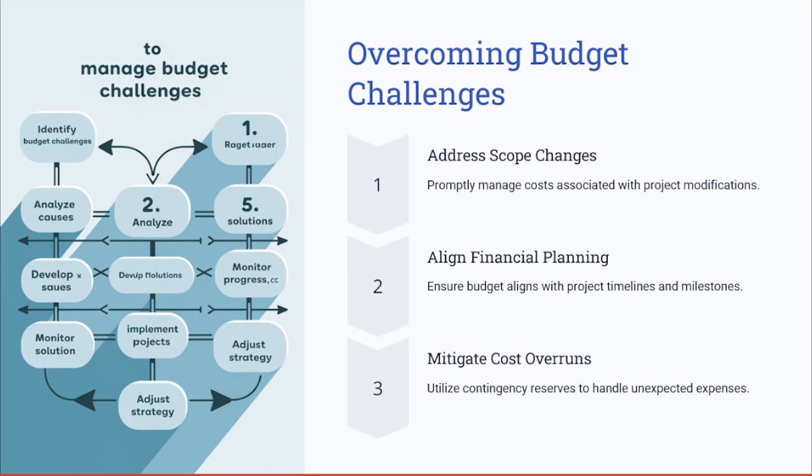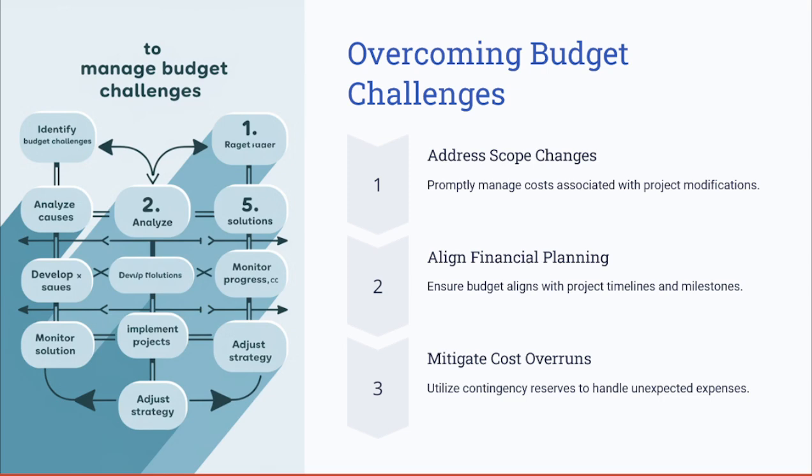How to overcome the budget control challenges that we already covered in the previous session? Budget control challenges, such as unexpected scope changes, arise when the stakeholders request additional requirements or needs in the project, which can derail large projects.